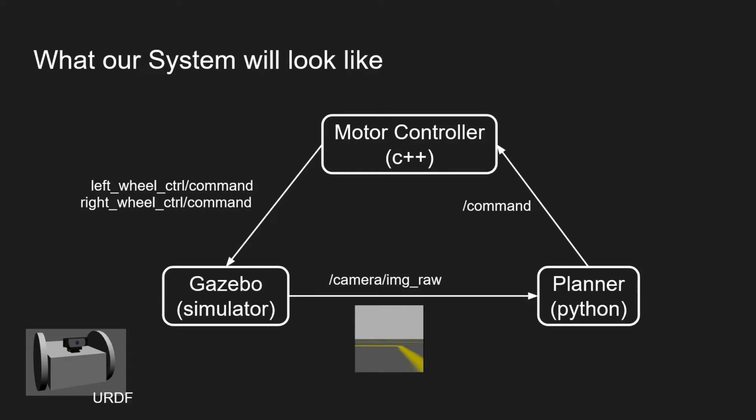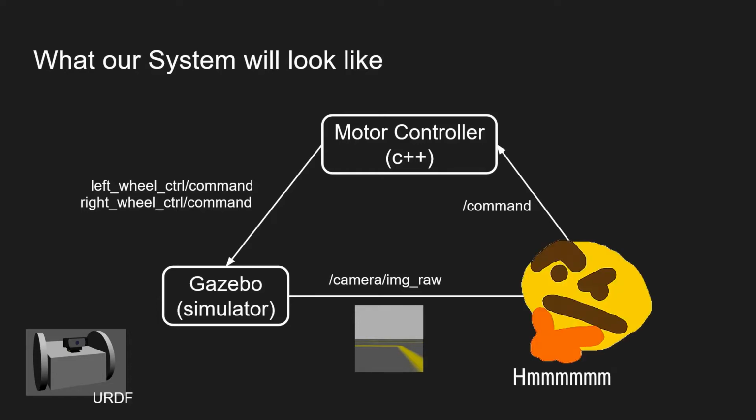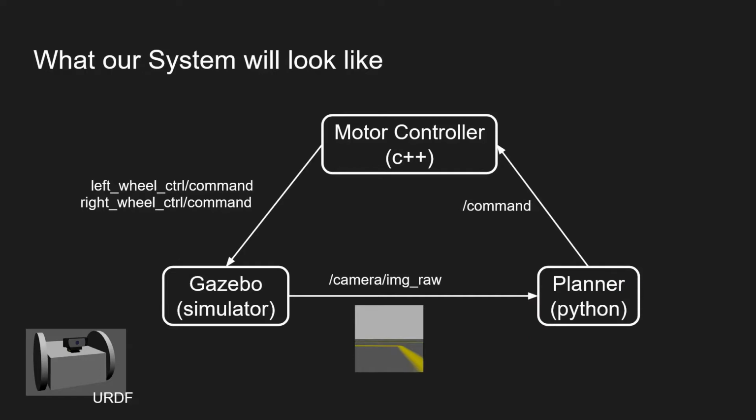The planner will look at this image and be like, there is a left turn coming up based on the pixel values in this position. There's a lot of yellow pixels on the left side, so there's probably a left turn coming up. So it decides that the robot should take a left turn.